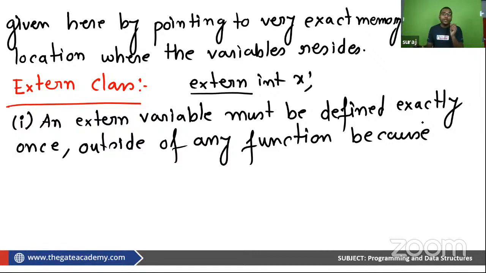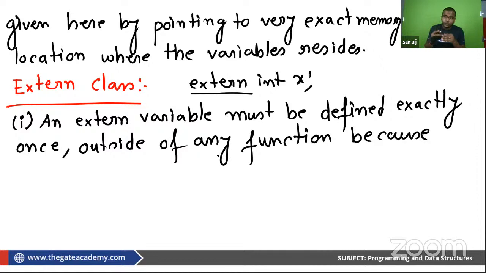That's why it is going to get the memory location set aside. An external variable must be defined exactly once, not more than once, and outside of any function.